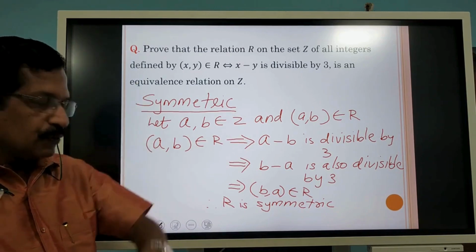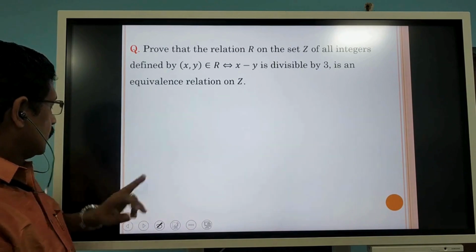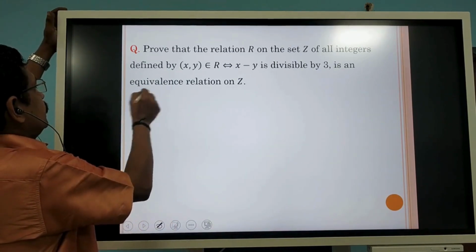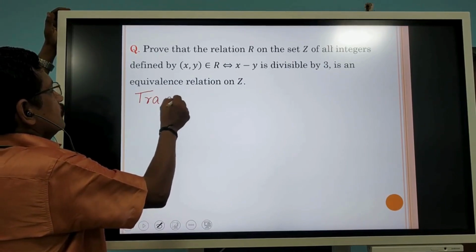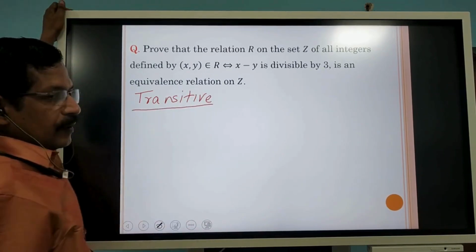Now we have to prove it is transitive. Next case is transitive. Transitive case.